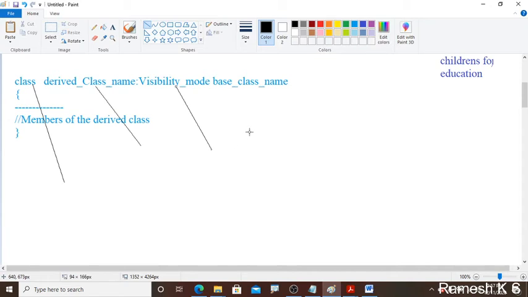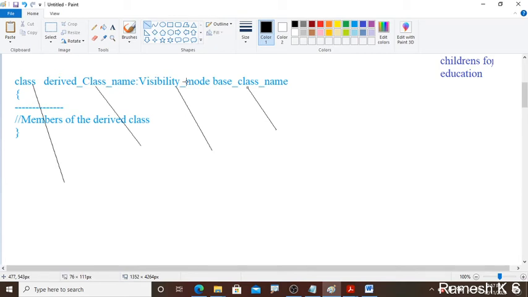Here we give the user defined base class name. If no visibility mode is specified, then by default the visibility mode is considered private. If you do not mention any visibility mode, it will take private visibility mode by default.